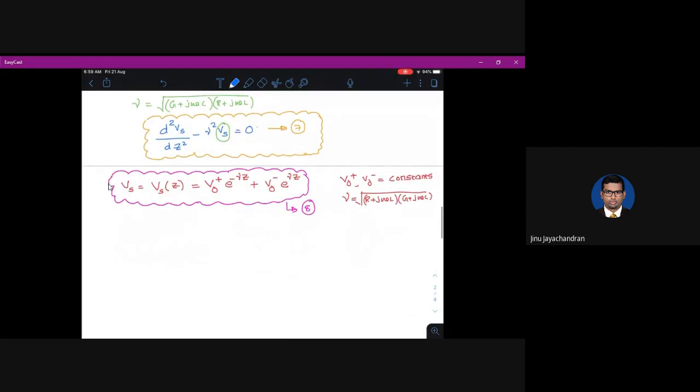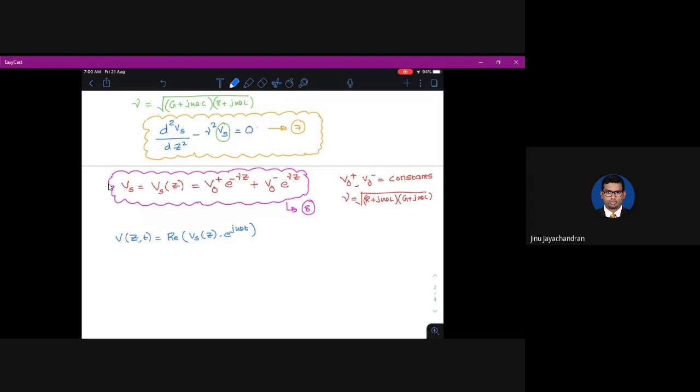You know V of z comma t is the real part of Vs of z into e raised to j omega t, which we discussed in the starting of the lecture.